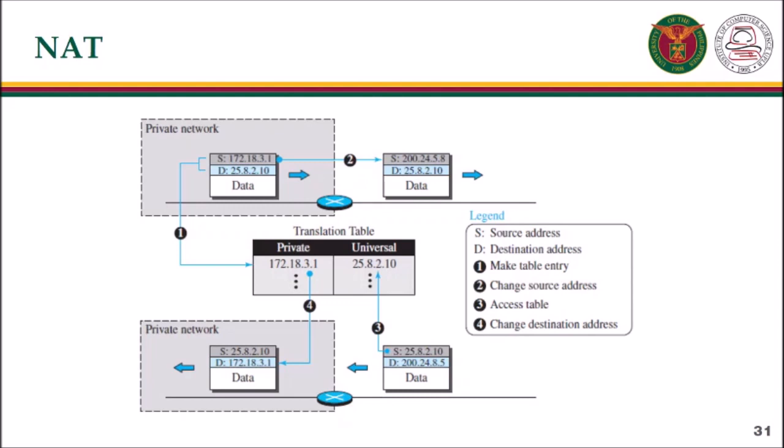In its simplest form, using one IP address, a translation table has only two columns, the private address and the external address, which is the destination address of the packet. When the router translates the source address of the outgoing packet, it also makes note of the destination address where the packet is going. When the response comes back from the destination, the router uses the source address of the packet to find the private address of the packet.